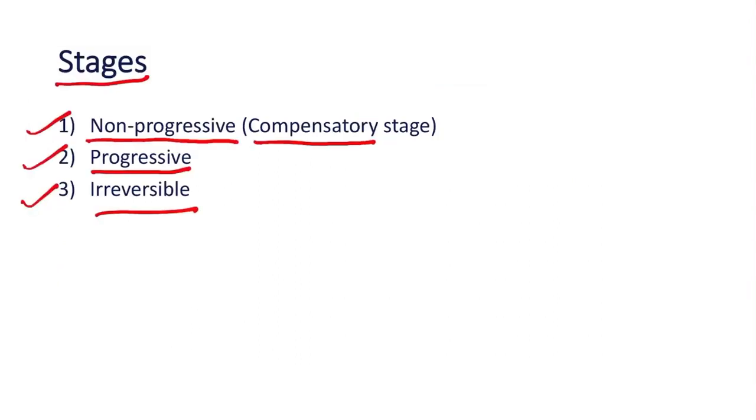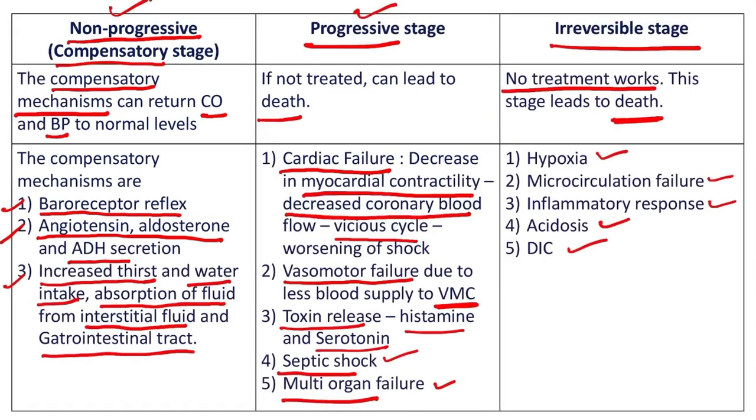Then stages of shock are important, non-progressive and progressive; they are the most commonly asked questions as part of long answer questions. So for non-progressive, you can read these things. These mechanisms are important: what is non-progressive, what is progressive, what is the irreversible stage, and what are their main mechanisms.